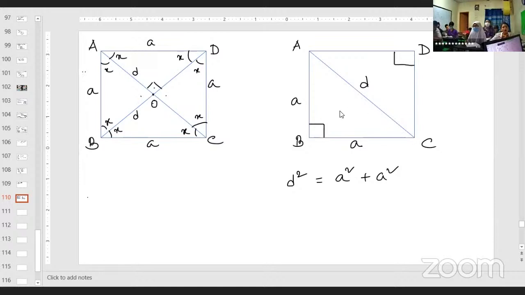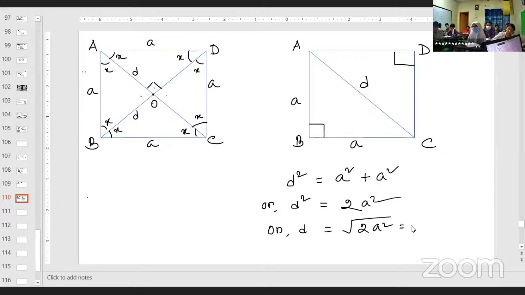This diagonal will be considered as the hypotenuse for this right isosceles triangle, and as it is isosceles, so we will have square plus square, or D square is equal to 2a square, or D is equal to root over 2a square, right?